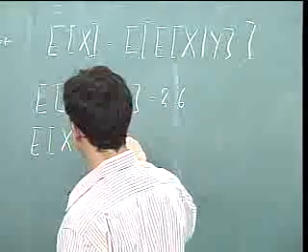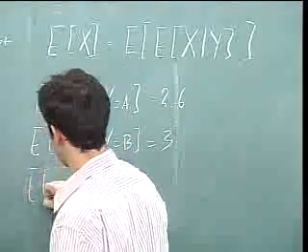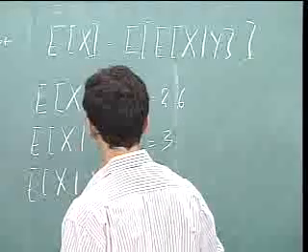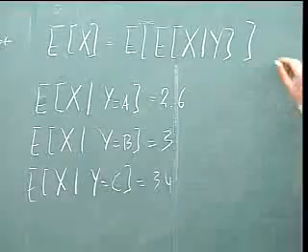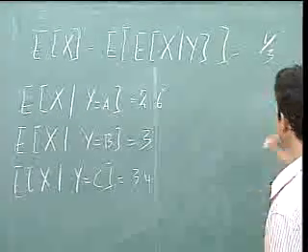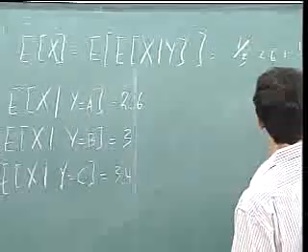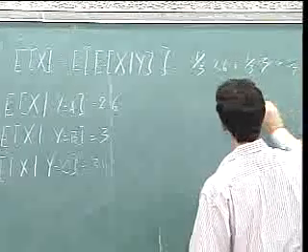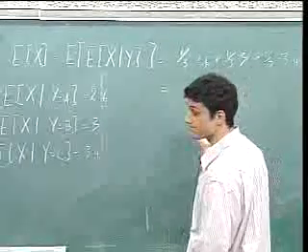And the expected value of x given y is equal to c is equal to 3.4. So now this becomes really easy to calculate because this is just 1/3 times 2.6 plus 1/3 times 3 plus 1/3 times 3.4, which just becomes equal to 3.